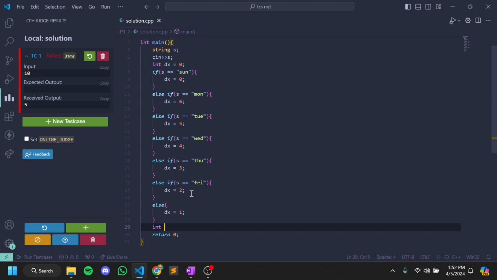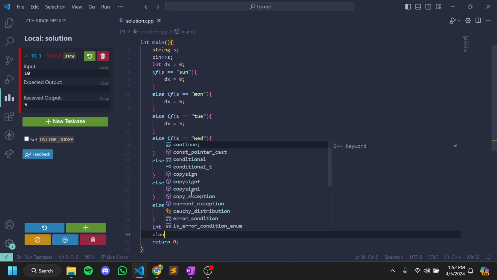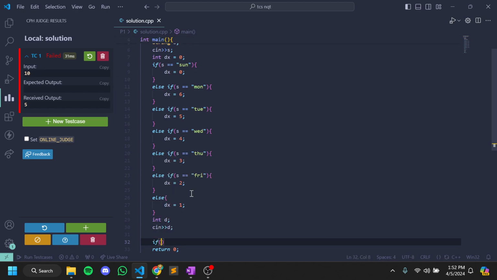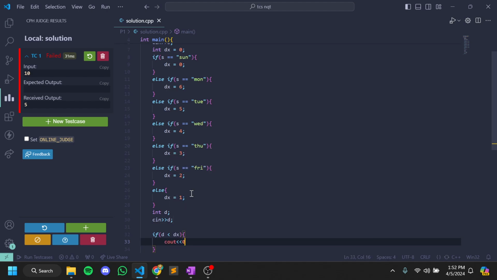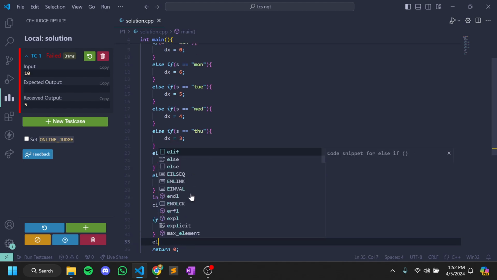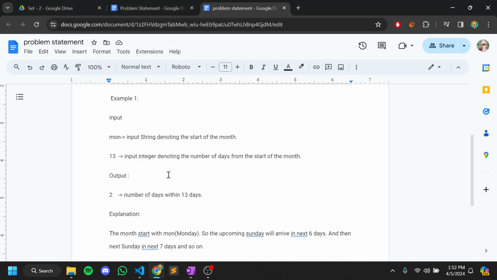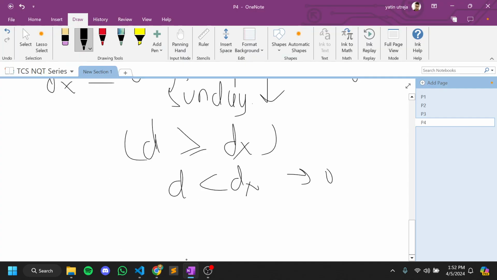And then we also need to input d. As I said, if d is ever less than dx, we'll just be printing 0 because no Sunday will ever arrive. Else we just need to print d minus dx over 7. So just print it. And let's look at our test case mon 13.